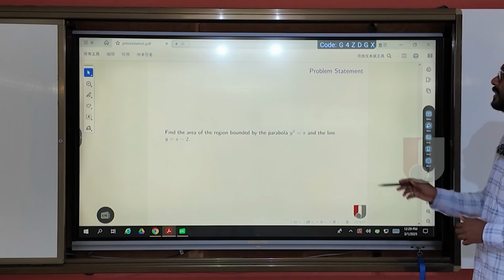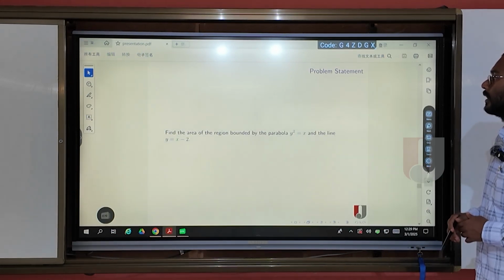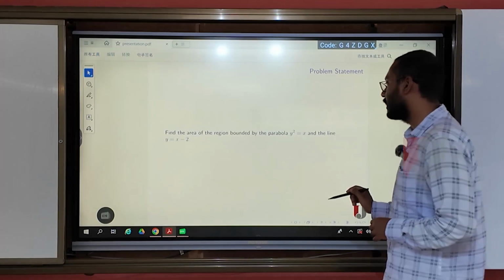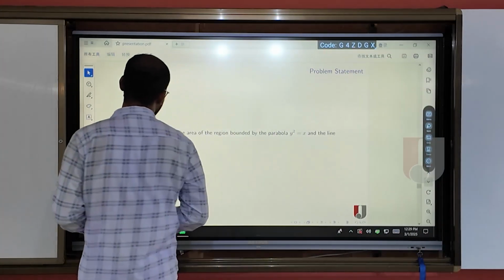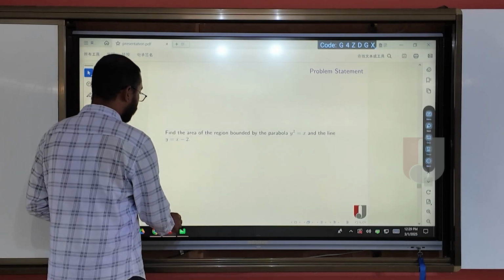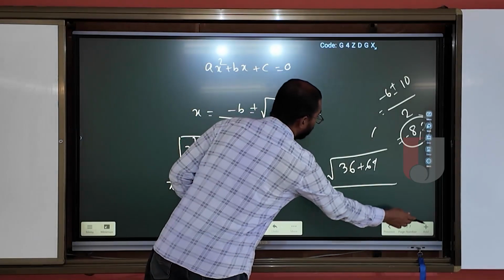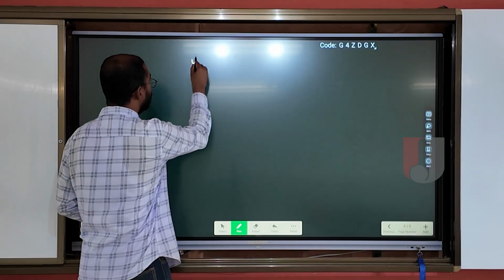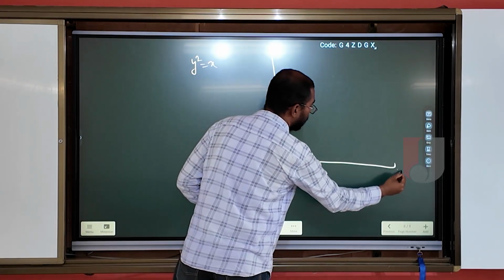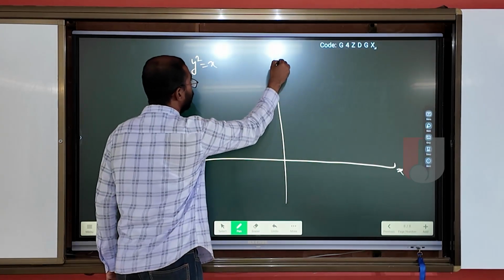Now another problem, it's a very easy problem. Find out the area of the region bounded by y square equal to x and the straight line y equal to x minus 2. Okay, so first we have to draw the curve y square equal to x. This is my x and this is my y.